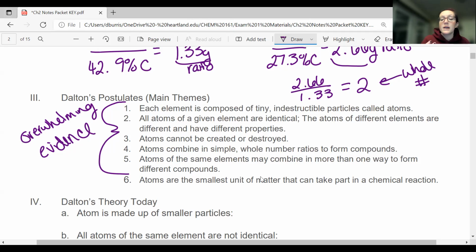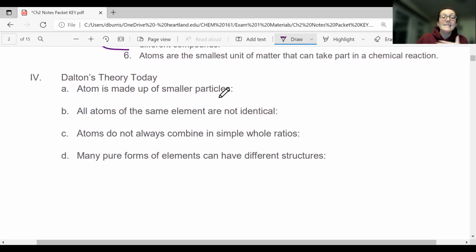Okay, a theory explains why that might be, based on evidence. So theories do have a lot of evidence backing them. Okay, so anyway, what we've learned since Dalton's day is that atoms are actually made up of smaller particles. So they're not the smallest particles, right? There's protons, neutrons, and electrons.